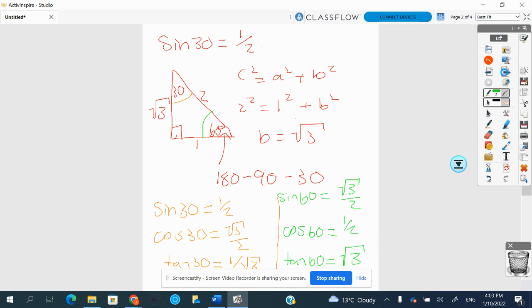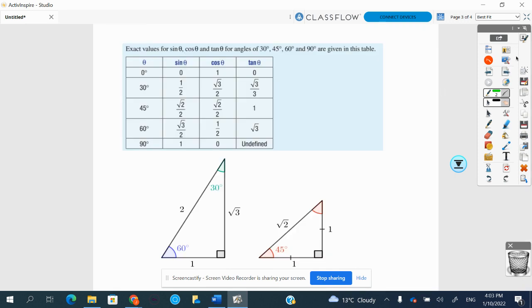So here is a summary of all that information I've just shown to you. We have exact values for 30 degrees, 45 degrees, 60 degrees, 90 degrees, and of course 0 degrees. And these are the two exact value triangles that we use to determine these values.